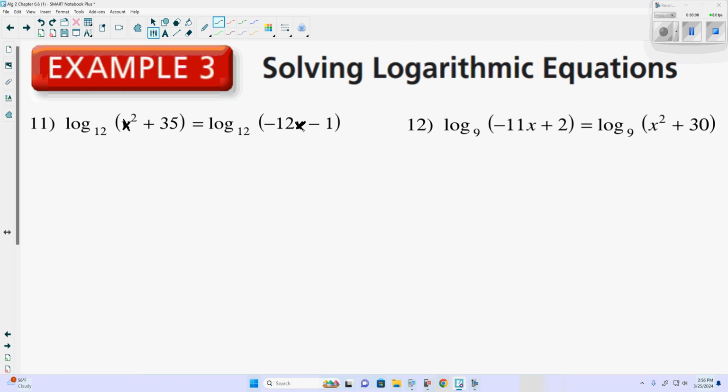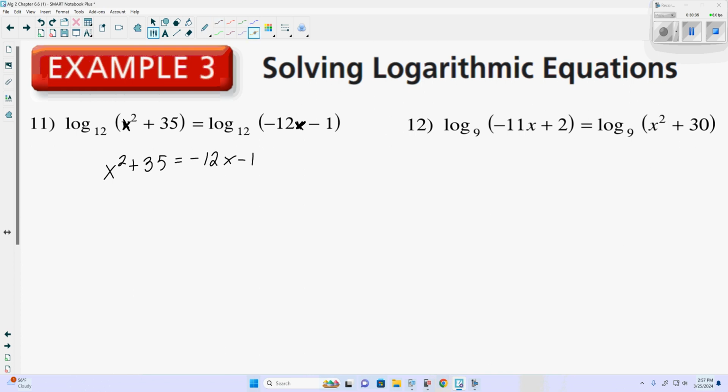But if we look at this next one, log base 12 of x squared plus 35 is equal to log base 12 of negative 12x minus 1. Are the logs the same? Doesn't matter that it's log base 12, but because they are both the same log, what's inside is going to be equal.